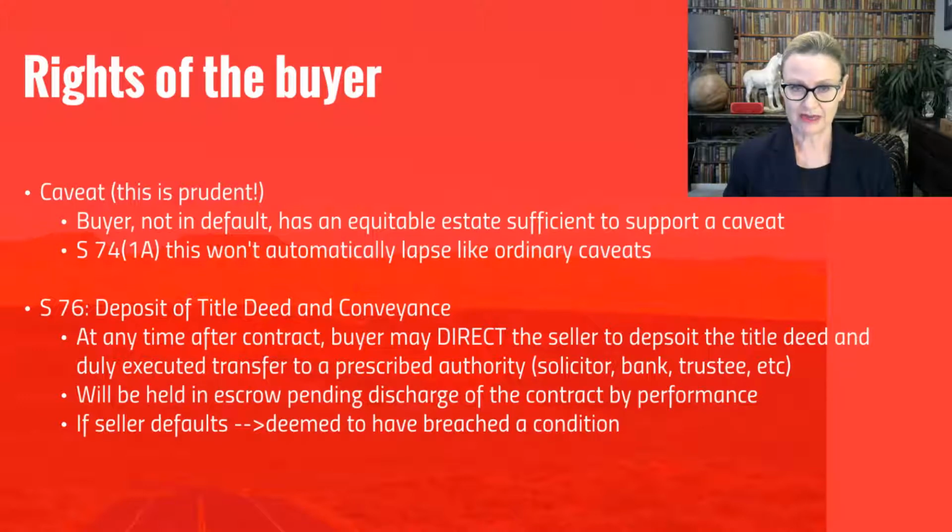That will then be held in escrow pending discharge of the contract. If the seller defaults and refuses to comply by depositing the title deed and the transfer, then the seller will be deemed to have breached a condition of the contract, and with all of the consequent rights that flow from that arrangement. So that's the first thing.